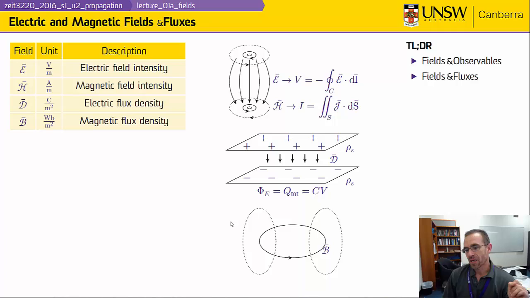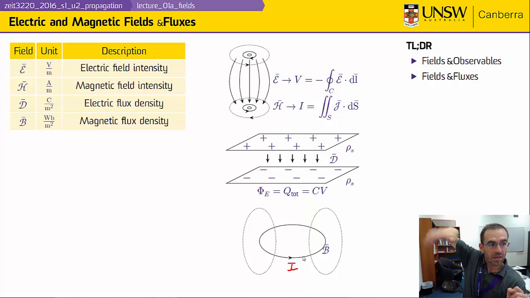Likewise, I can have a magnetic flux density. So if I've got a current flowing around a loop, in this case, I've got my current flowing in this direction around the loop. That current is going to generate a flux, and again, by the right-hand rule, the current flows this way, and the magnetic field will rotate around it. So my magnetic field is going to come up through the inside and then come back down around the outside, and likewise on the other side.